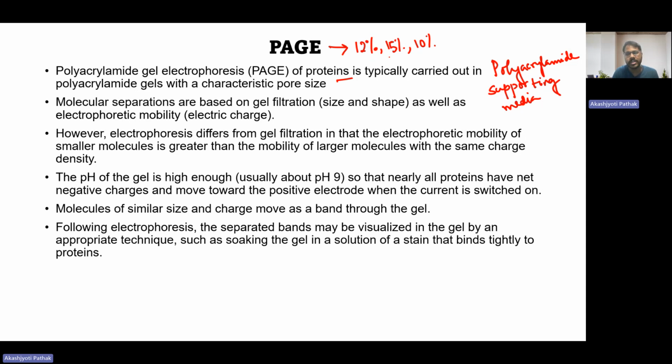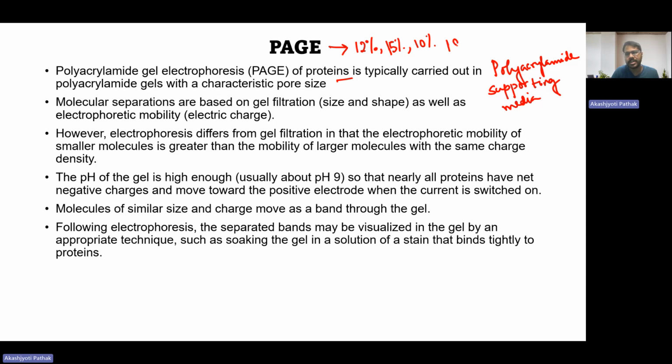Depending on the concentration of your polyacrylamide gel, that will control your separation, and that will determine the pore size of the polymer. Okay, so the higher the concentration of the polyacrylamide gel, the lesser the pore size will be.